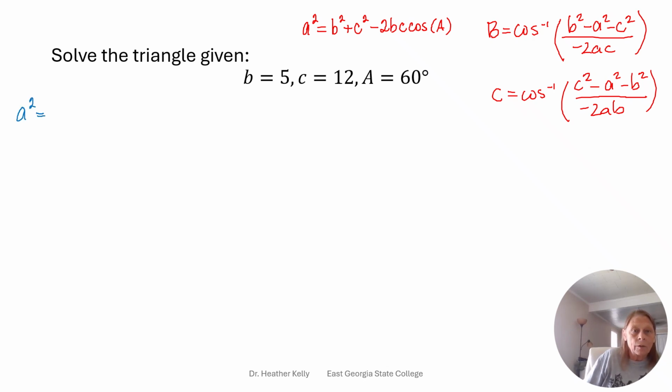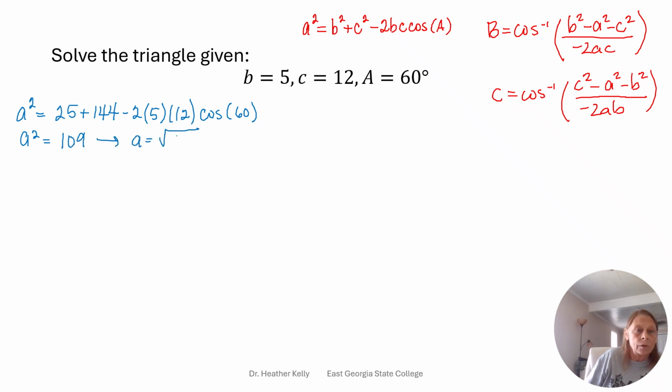So our a squared is equal to 25 plus 144 minus 2 times 5 times 12 cosine of 60, and that gives us a squared is equal to 109, and so a is equal to the square root of 109.